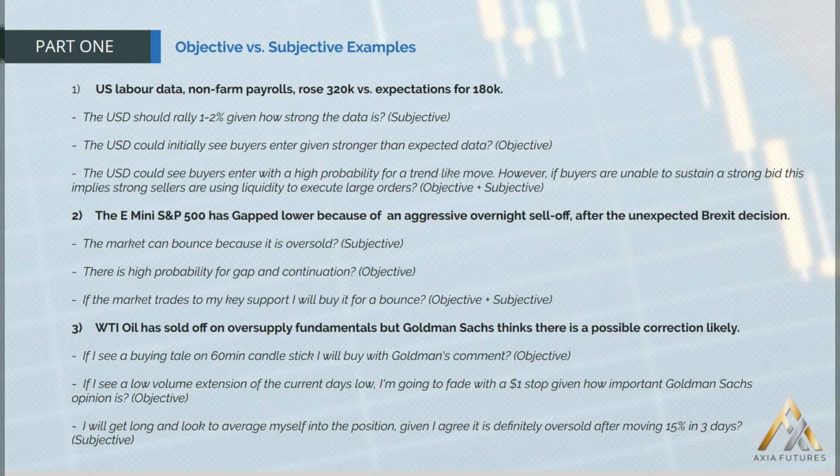So what we're saying is the dollar could see buyers enter with a high probability for a trend-like move. That's our objective statement. Our subjective statement is that if the buyers cannot sustain a bid, it means that sellers are utilizing the liquidity to execute large orders. Now this bit of subjectivity comes from experience in trading the markets over non-farm payrolls.